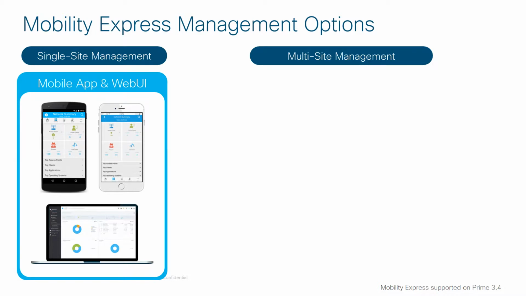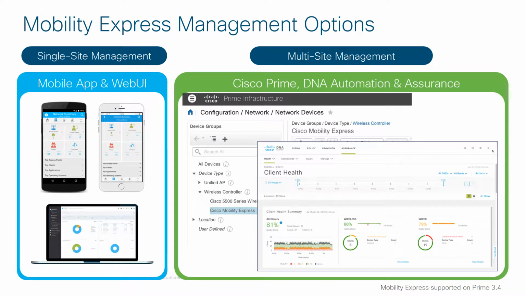It is simple and intuitive and does not present the complexity of a regular appliance-based controller. For monitoring and troubleshooting, you can use the mobile app or the WebUI, both of which are great options. For multi-site management or partner-managed options, you can use Prime 3.4 or Cisco's DNA Center. Mobility Express is fully supported on Cisco DNA Center automation and assurance.